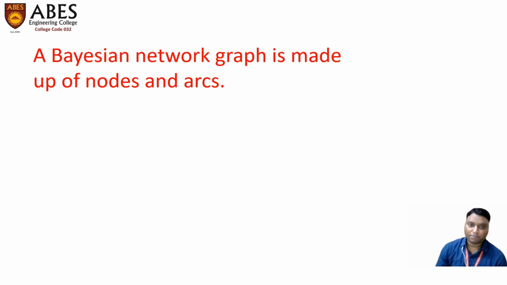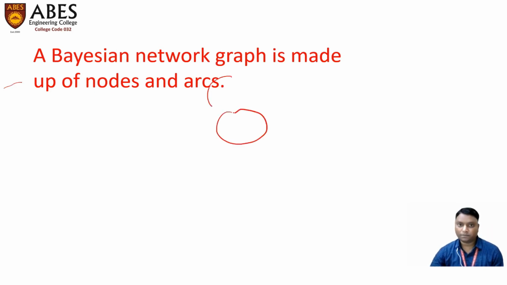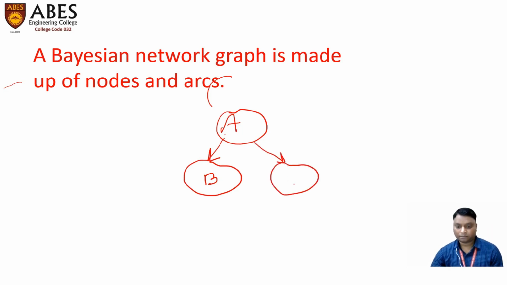Number one, nodes, and number two, arcs, which can be represented like this. Suppose there is a node A, B, C, and D.